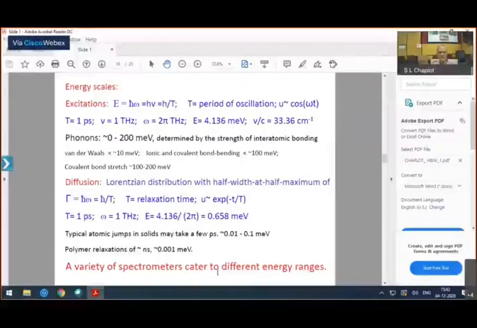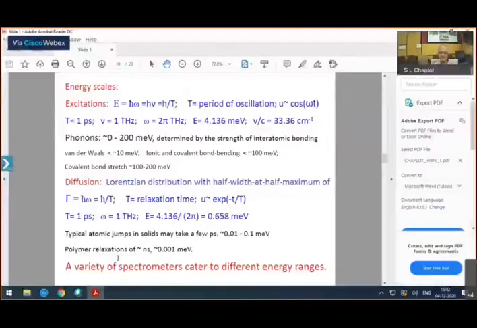You cannot go to just any inelastic scattering spectrometer and hope to look at this vast range of physics that one can look at. So therefore, there is a very broad variety of spectrometers at thermal reactor sources as well as at the spallation neutron sources.